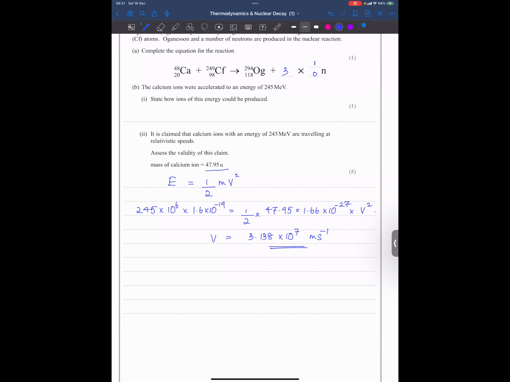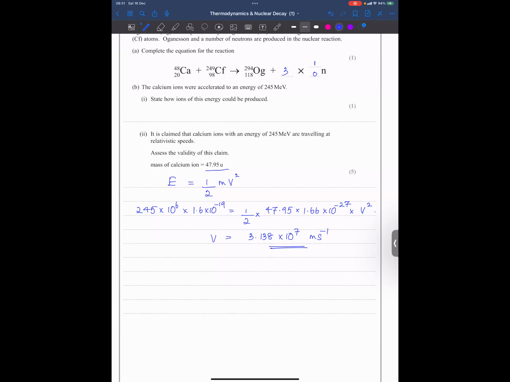Part C. The isotope of Og-294 is extremely unstable and decays by alpha decay.